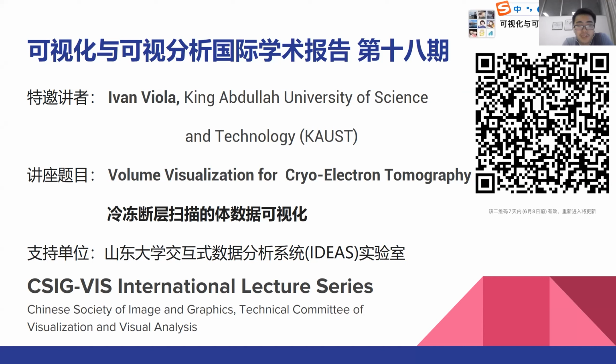Viola is a professor at King Abdullah University of Science and Technology, KAUST, Saudi Arabia. Graduated from TU Wien, Austria, and in 2005, he took a postdoc position at the University of Bergen, Norway, where he was gradually promoted to professor rank.